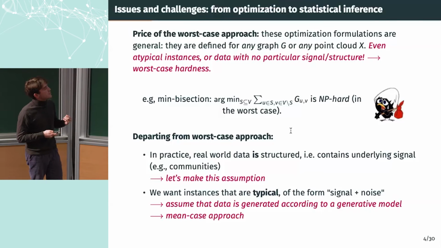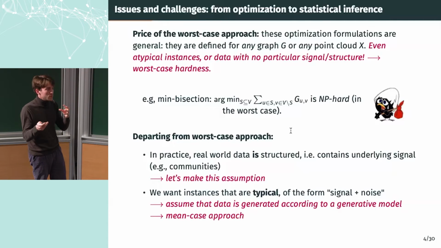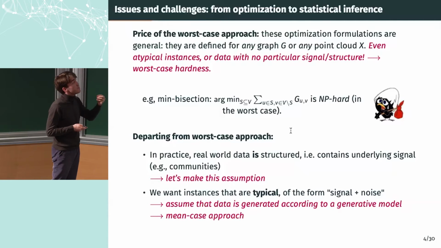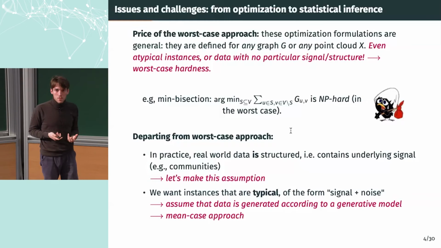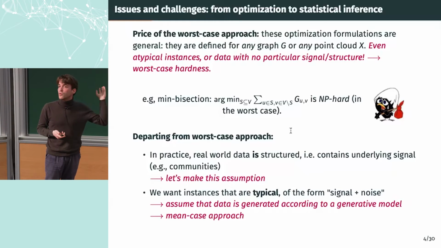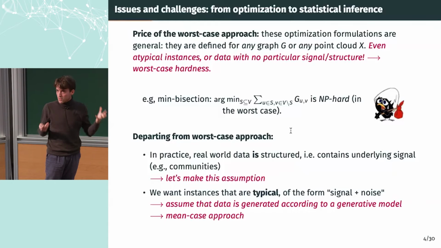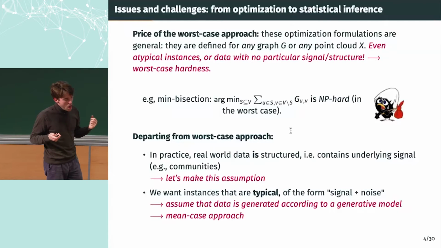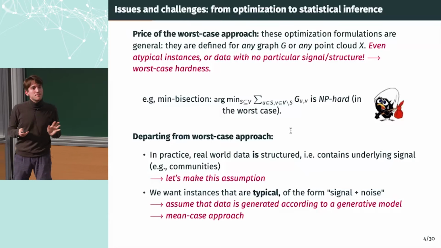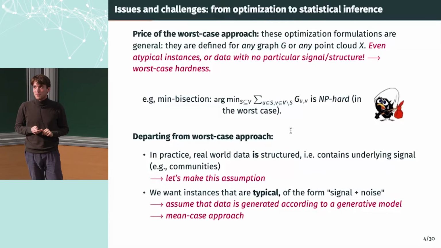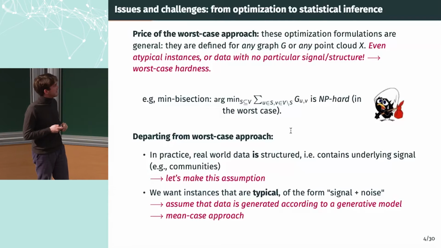So we will now look at a different problem, where data is generated according to a generative model that contains some signal. For the community detection problem, the signal is communities, and we want to recover it. Does this new approach make sense?